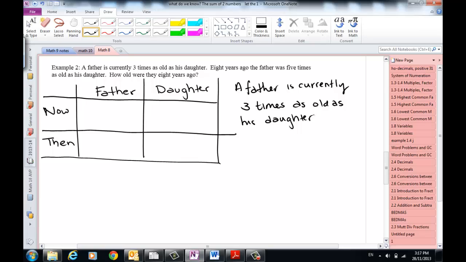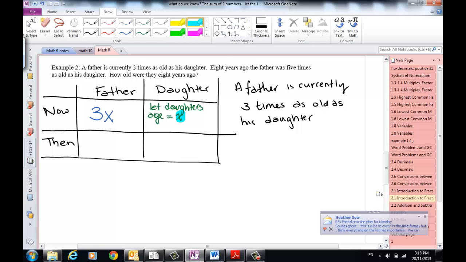No. So I'm going to let the daughter's age be x. So her age right now is x, which means that the father is 3 times as old as her now, so I can write 3 multiplied by x in that little box. We've now used all of the information in the sentence.